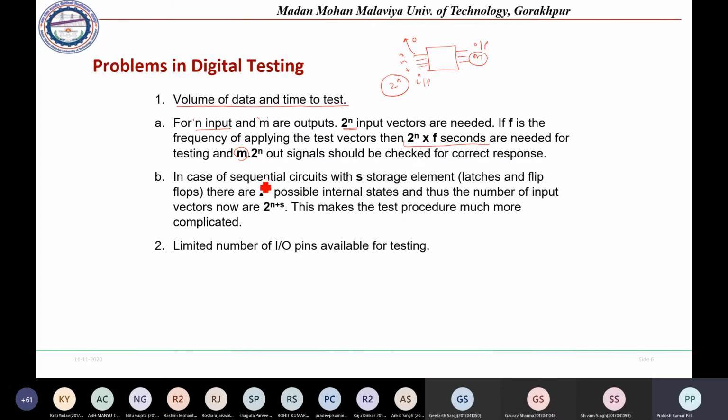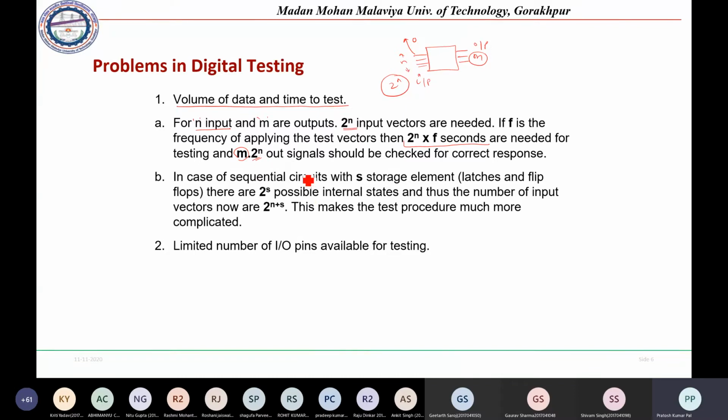So that means 2 to the power n into m number of output signals should be checked for correct response, like whether each output has the correct response with respect to a particular input or not. We should be having that much output signal checking.